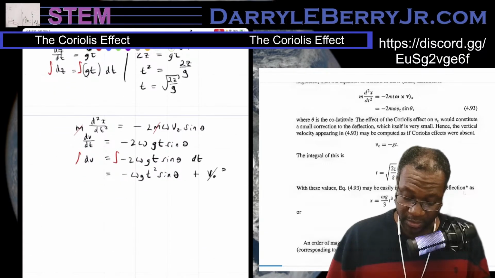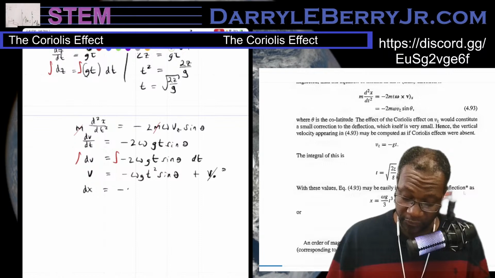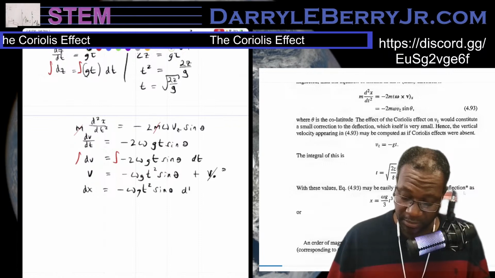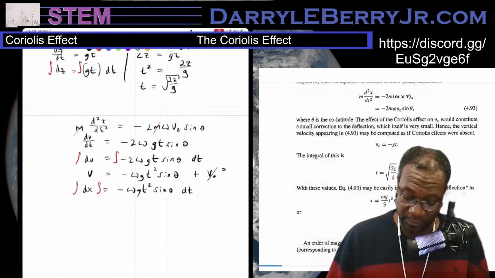We have v, so dx equals negative omega g t squared sine theta dt. So I integrate both sides.